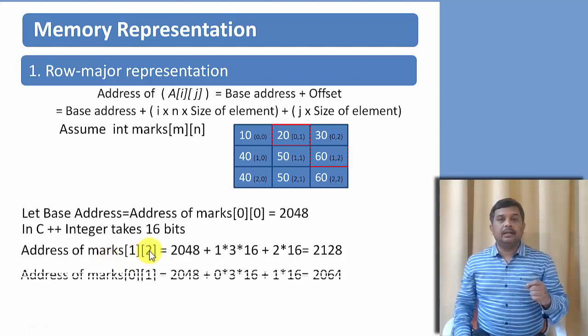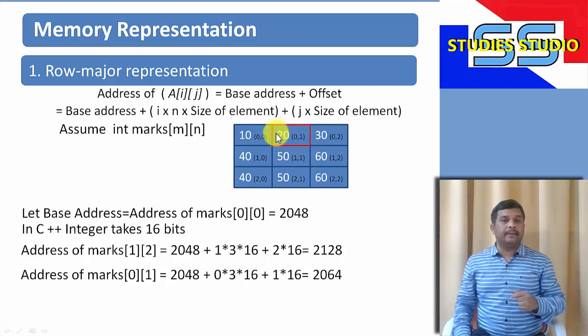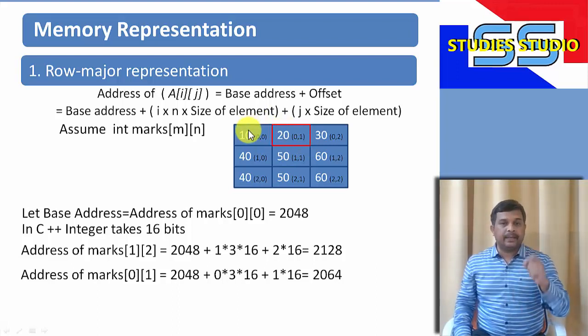I'm trying to find the address of location 0, 1. 0 indicates before this element how many rows are there. 1 indicates on this row before this element how many more elements are there. So we'll take the base address plus, before the element how many rows are there? 0 rows are there.